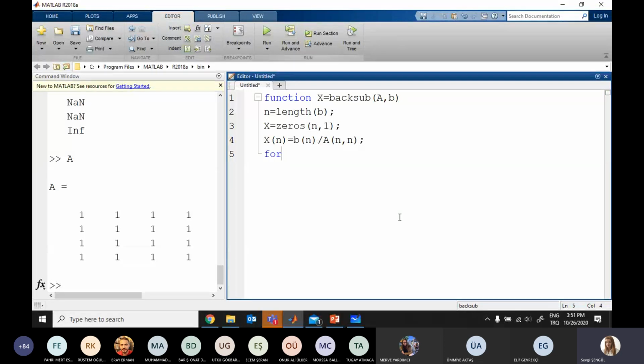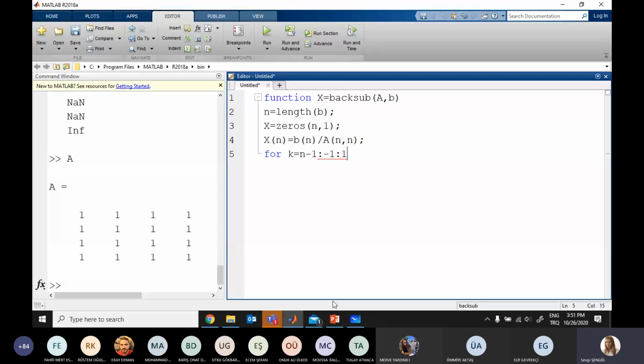And now I will do my for loop. For i or k, it doesn't matter what you say. Let's say k equals n minus 1. Since I already used n, I will start at n minus 1, and I will go backwards until the first entry. I already defined the third one.